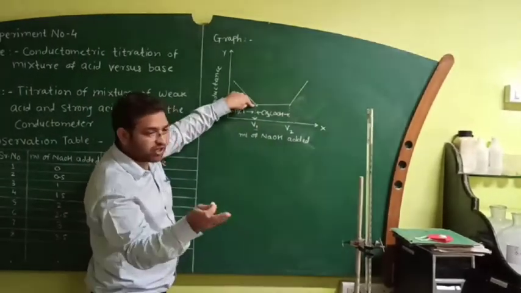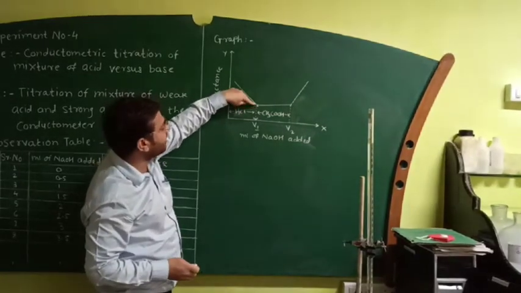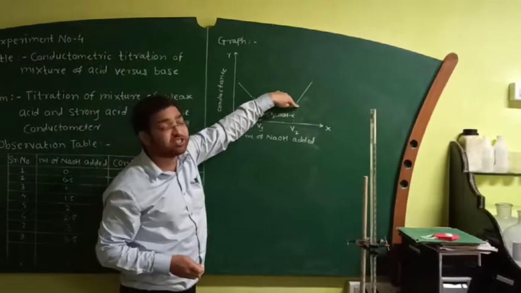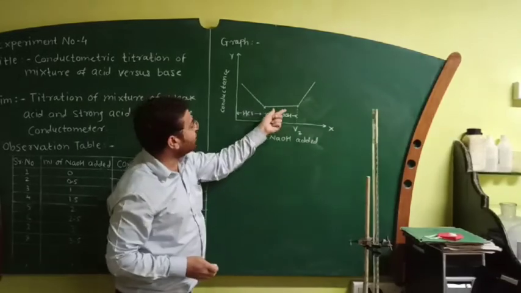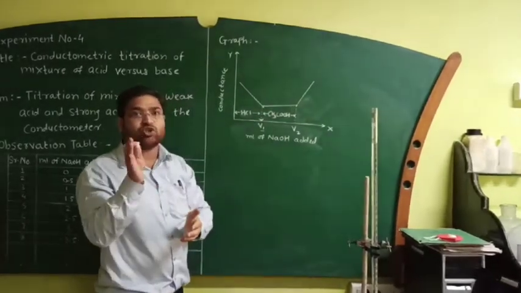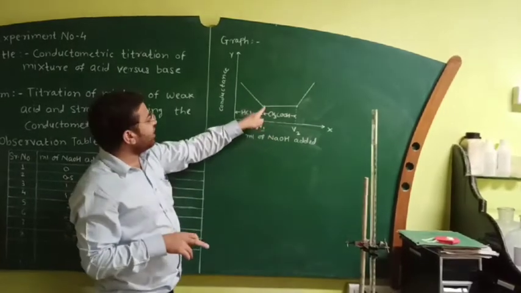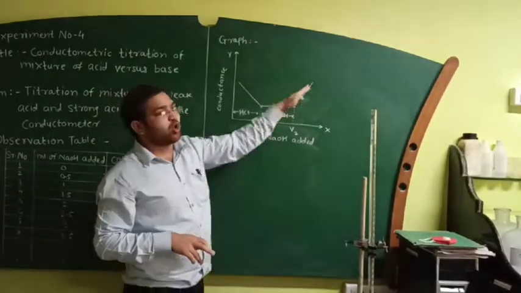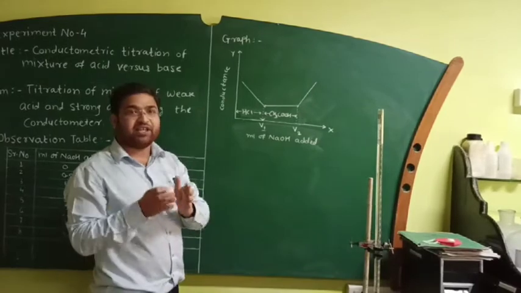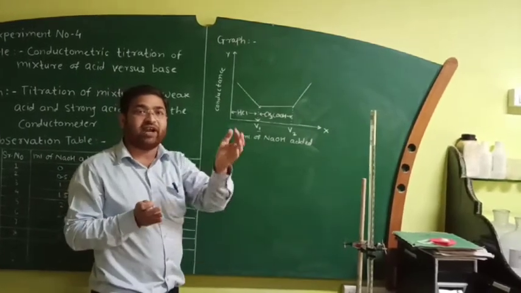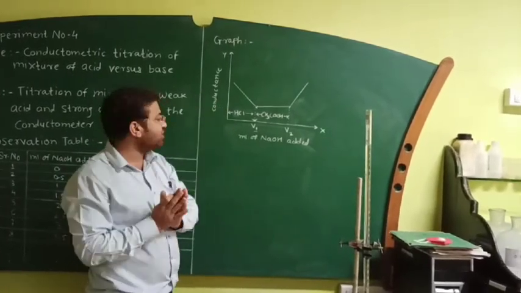After that point, if we continue adding NaOH, it is observed that the conductance increases gradually. This gradual increase in conductance shows the neutralization of the weak acid, acetic acid. Friends, here a sharp increase is not observed because acetic acid is a weak acid and we are adding strong base NaOH.